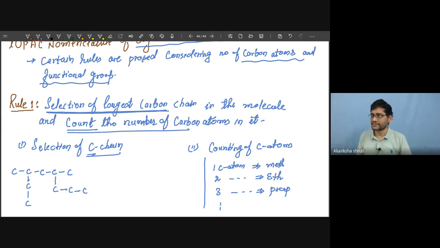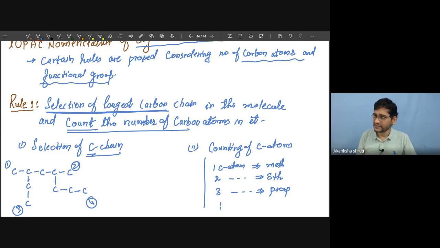If this is the case, then how can it be numbered, and what is the chain which is possible? Here in this case, we have 1 terminal, 2 terminal, 3 terminal, 4 terminals. So what will be the name?